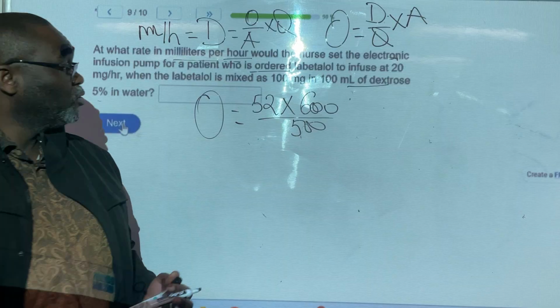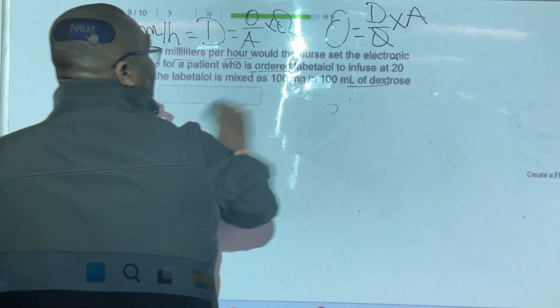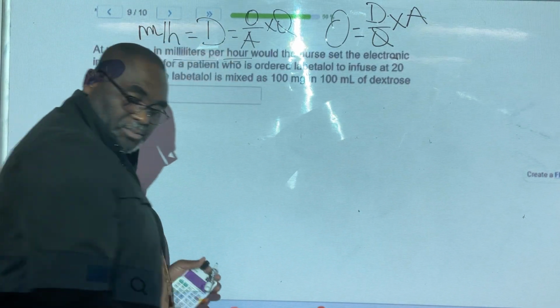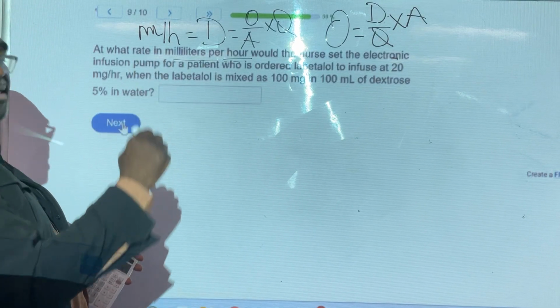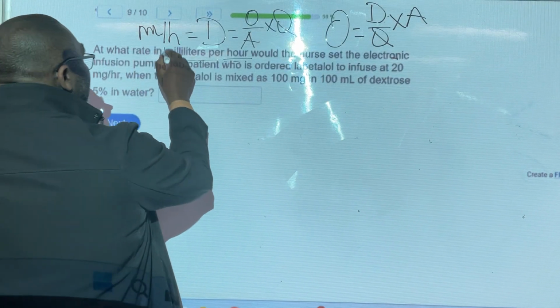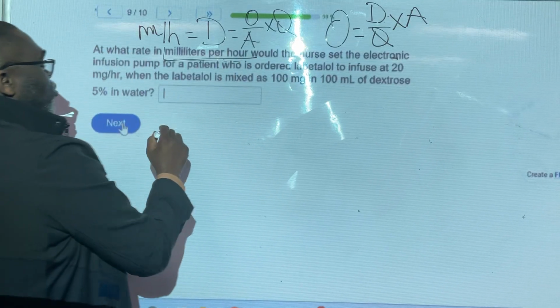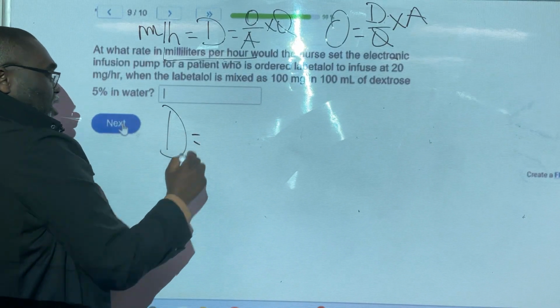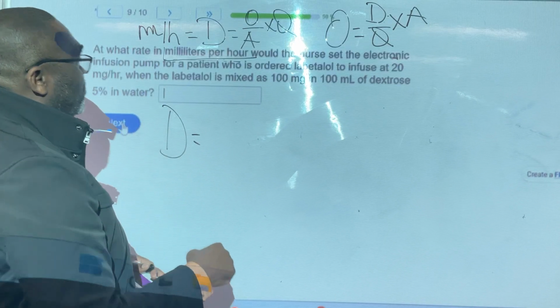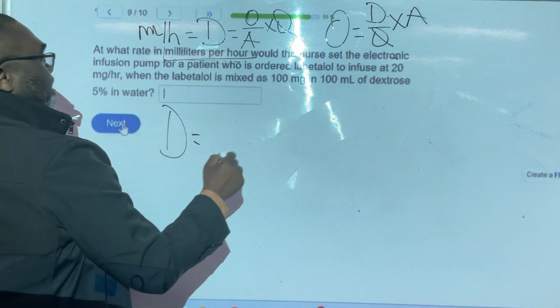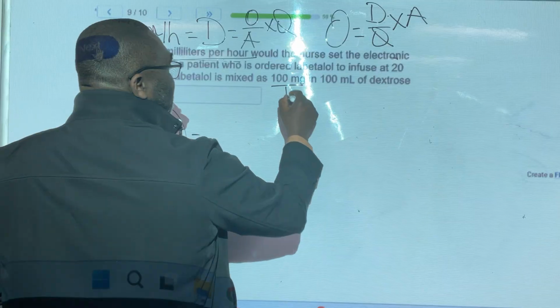Question 9. We're almost there. So now, question 9, as you look at it, you say how many milliliter per hour. So you know milliliter per hour, you are looking for your dosage. Your dosage equals order times quantity divided by available. So you gotta identify this, they always run together.